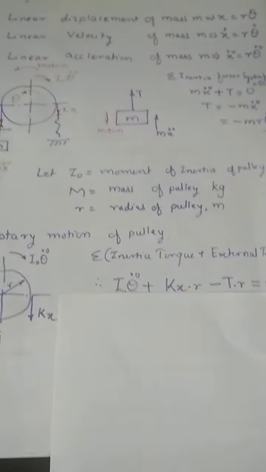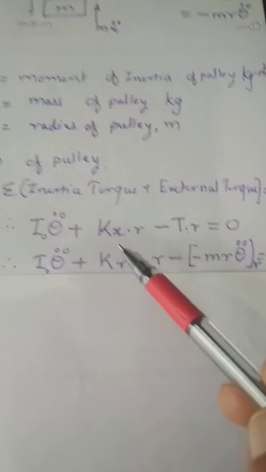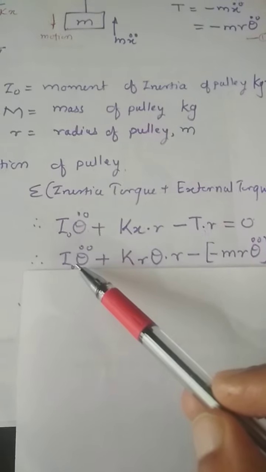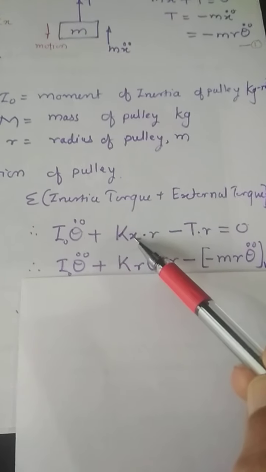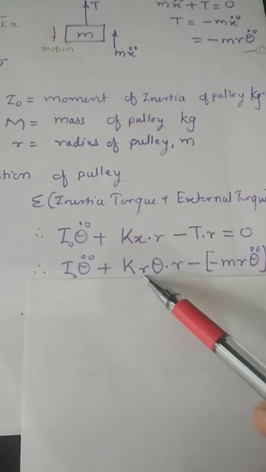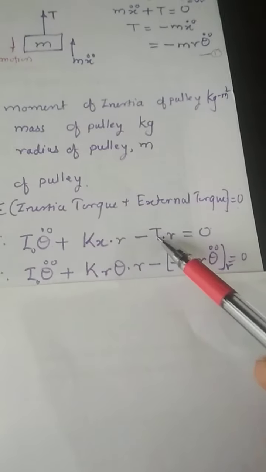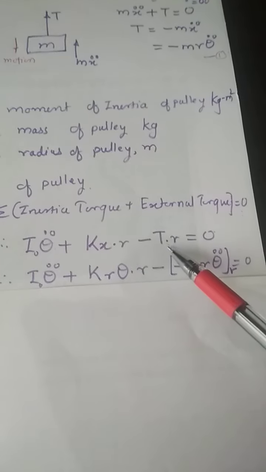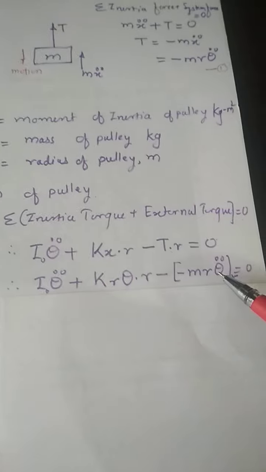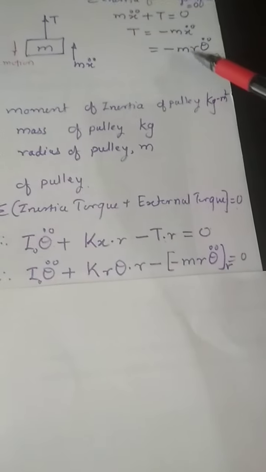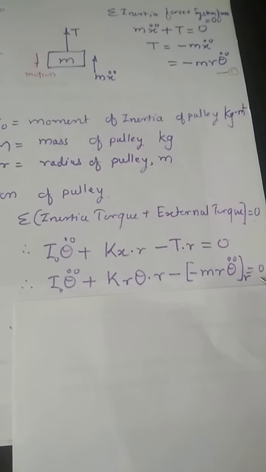So put the values here in the equation: I theta double dot plus k, x replaced by r into theta, into r, minus T replaced by minus small m r theta double dot as present here, into small r is equal to 0.